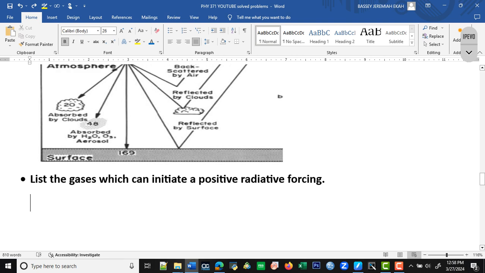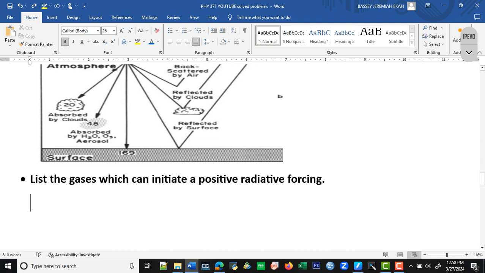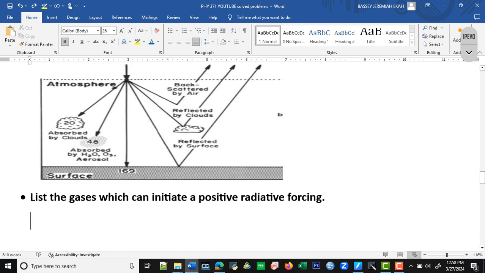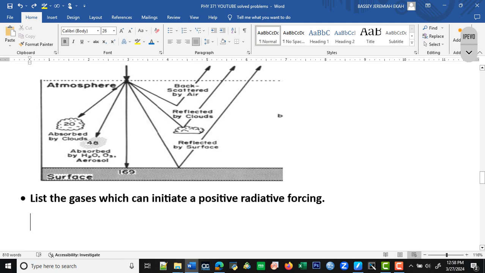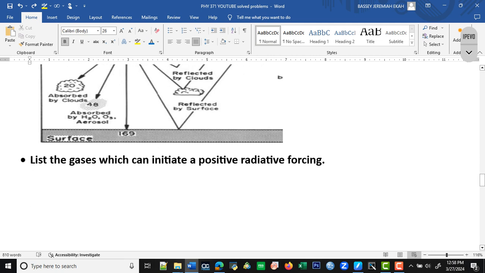We may have a positive radiative forcing if the global temperature tends to increase. We may have negative radiative forcing if the temperature tends to decrease. There are gases which are responsible for positive radiative forcing.